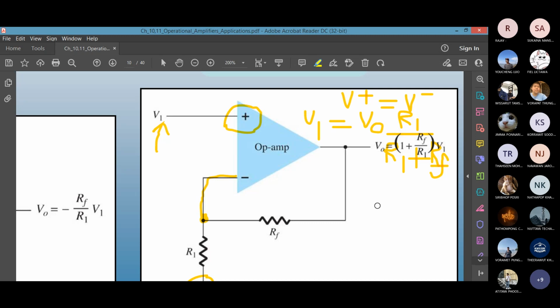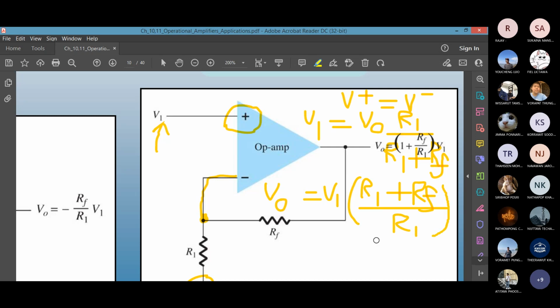So what is V out over V1 then? Or what is V out? If you rearrange the equation, V out becomes V1, cross multiplying, R1 plus RF divided by R1.